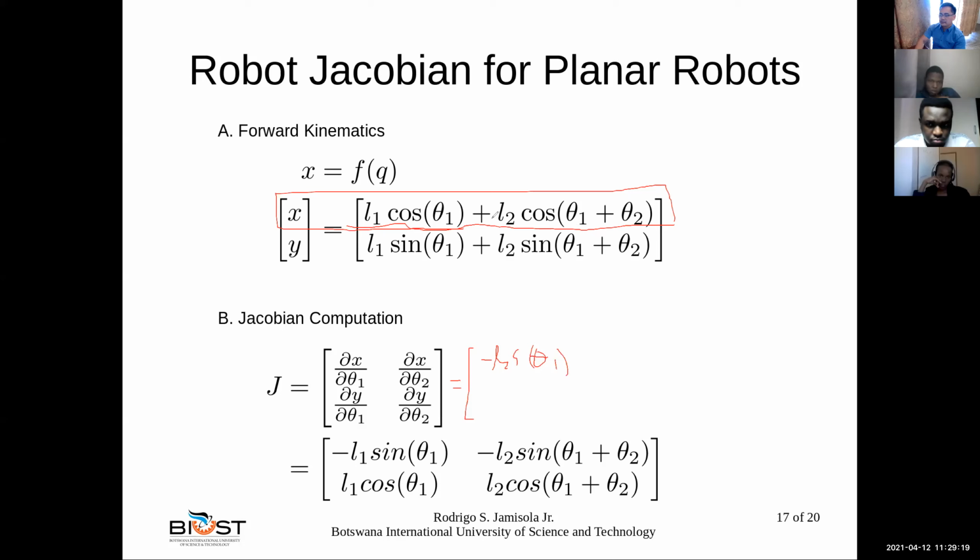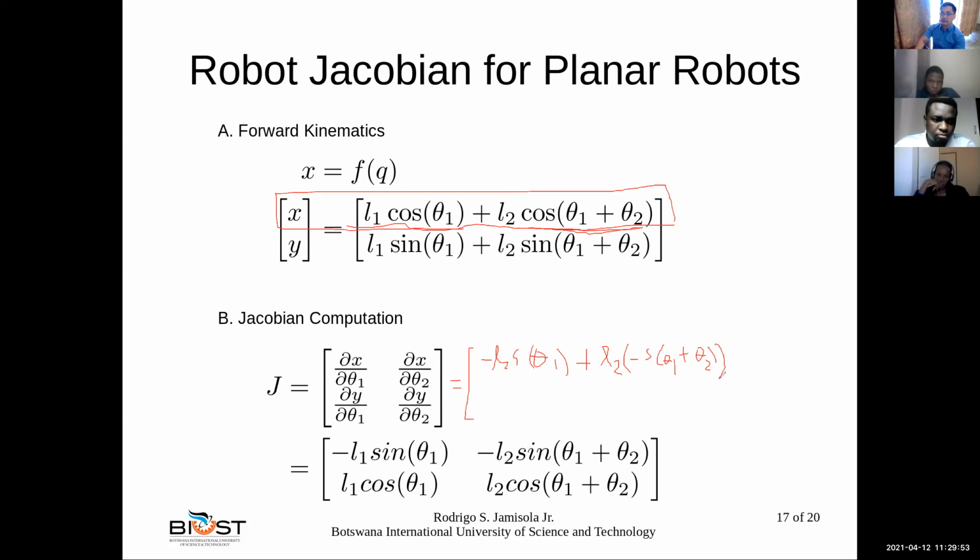Next, the derivative of that. Plus L2 times the derivative of the whole term, which is sine, so minus sine of theta 1 plus theta 2, multiplied by the delta of theta 1, of course.